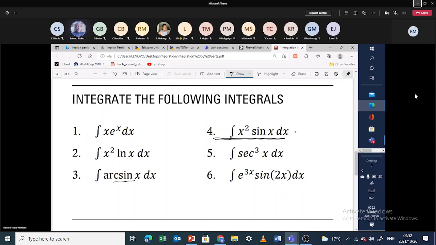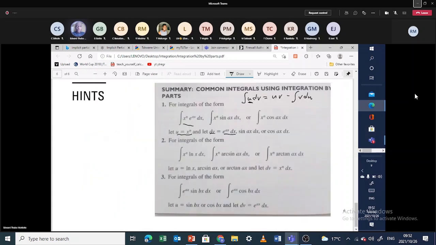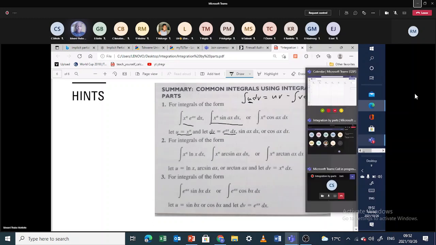X squared sine x. Now let's check the hint. The hint is this one here. So we'll let u be equal to x squared, and then dv is equal to sine 2x dx.